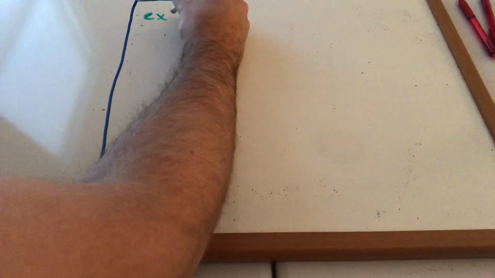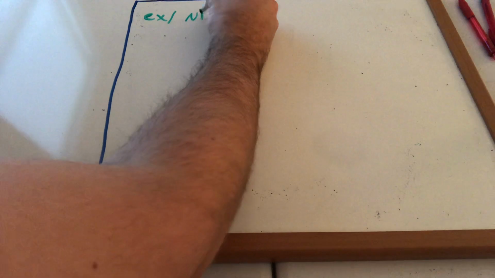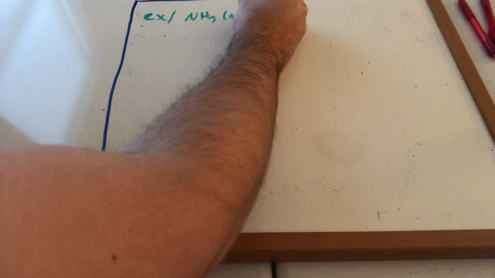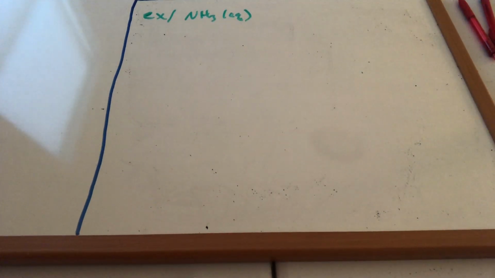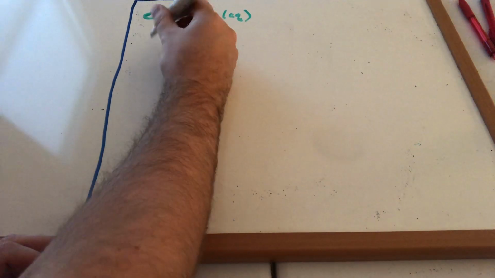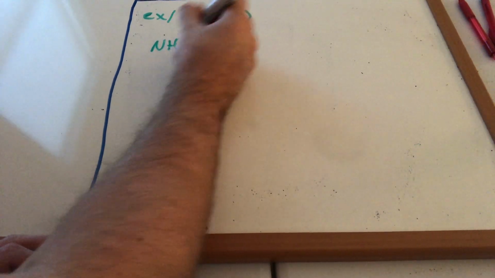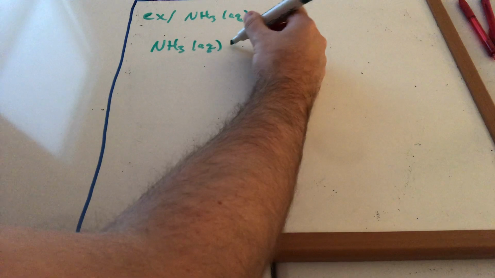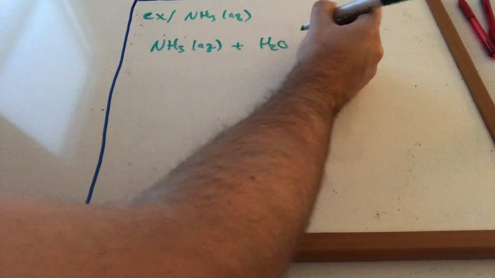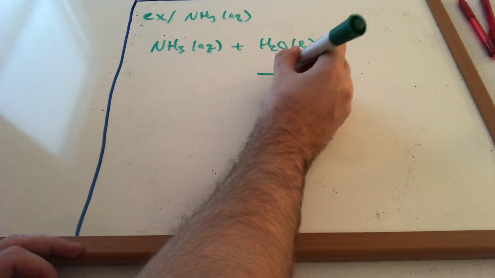Let's take a look at NH3, aqueous. Let's take a look at aqueous ammonia. NH3, when it's placed in water, undergoes the following reaction.